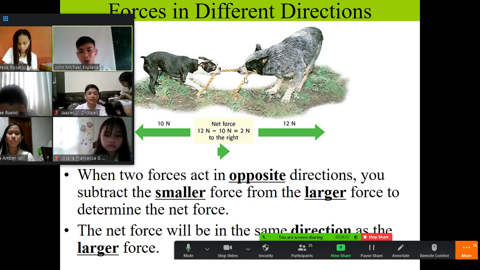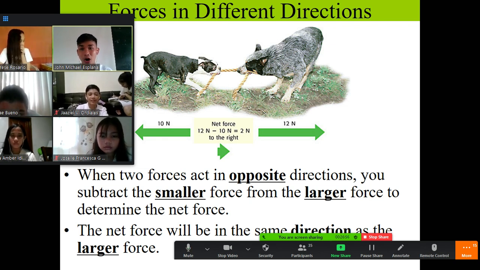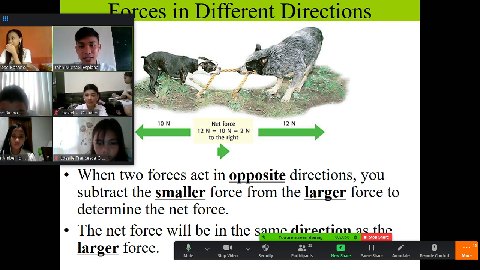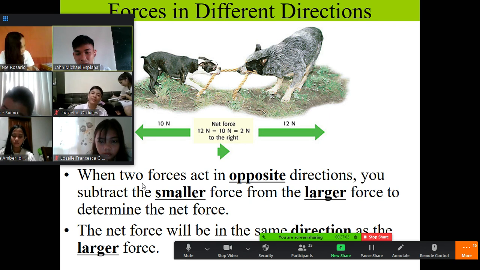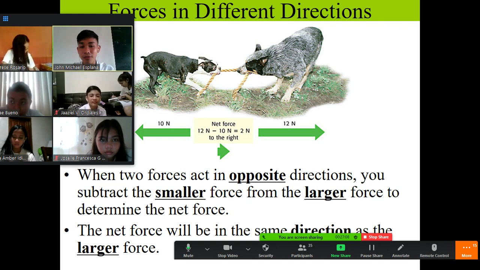So, how are we going to get the net force of the individual forces in opposite or different direction? When two forces act in opposite direction, you subtract the smaller force.